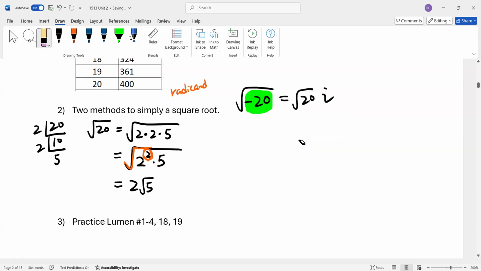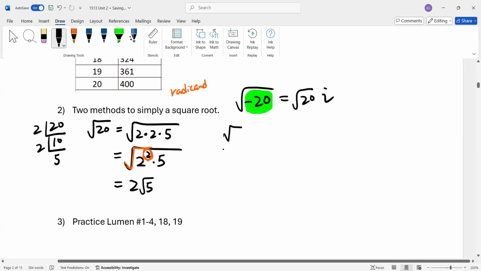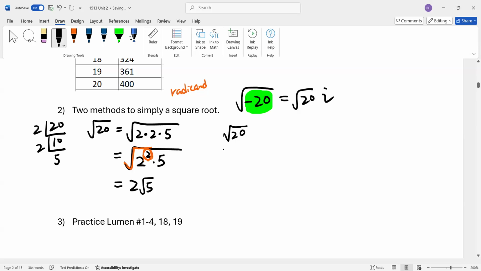If you do not like this method, I can give you another method. Some people think this method has better visual benefit. They do a tree. Whatever you can think. Square root of 20, maybe you think square root of 2 times square root of 10. Whatever you can think to write 20 as the multiplication of 2 numbers.